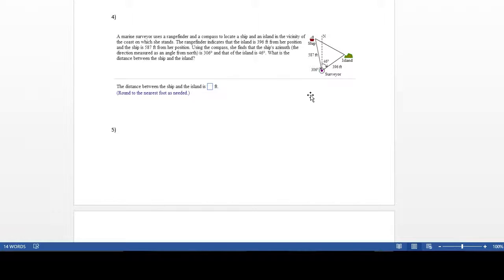So which one of those laws are you going to use for that question? The one we just did? Yep, because you have side, angle, side, right? Both sides.